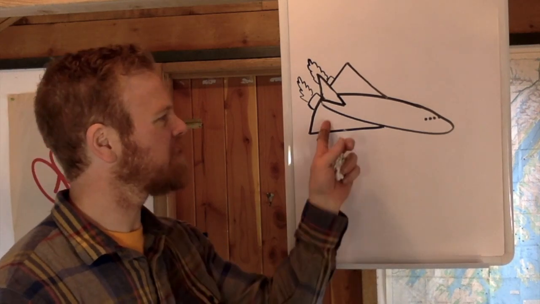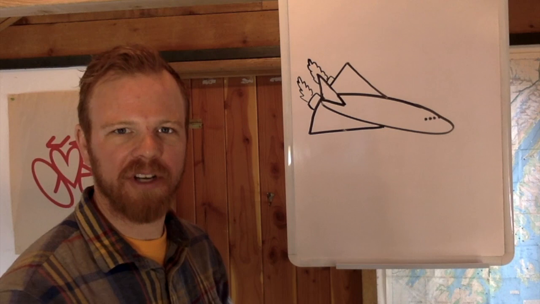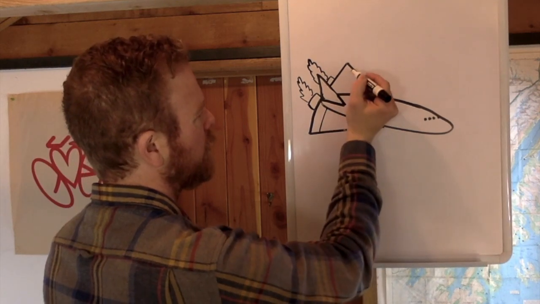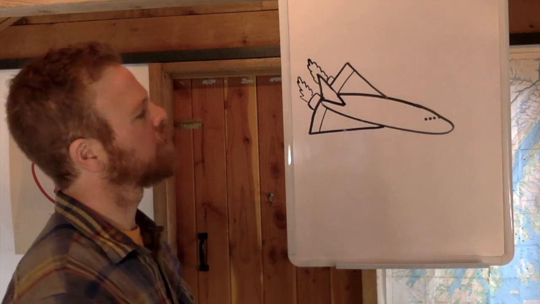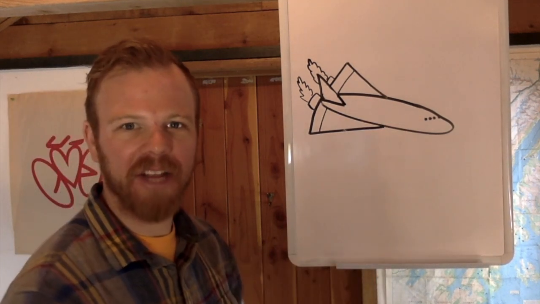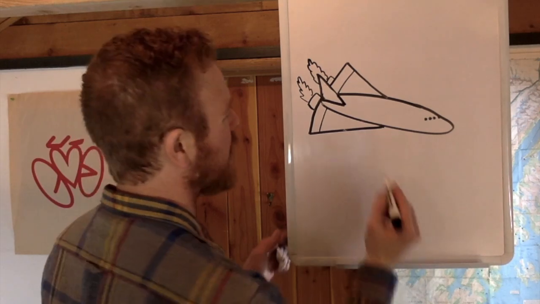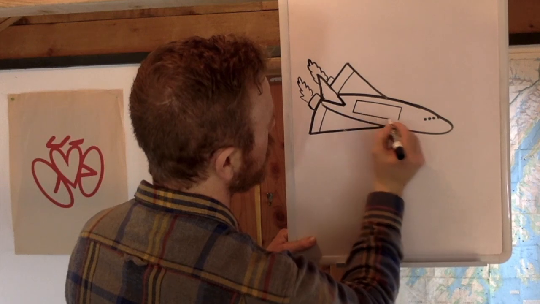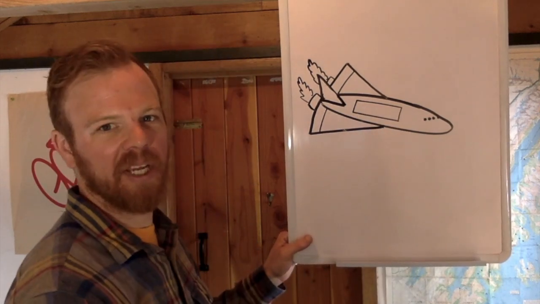We could also add some details on the wings by drawing some lines along the back. Or we could add a cargo hatch on the top of the space shuttle with a square. We could add some lines.